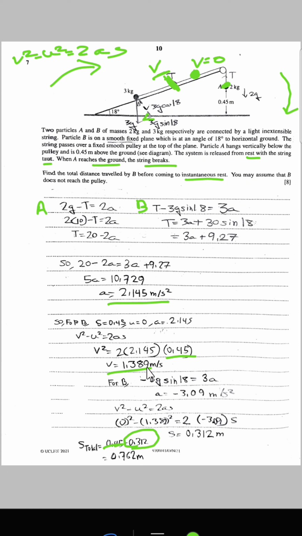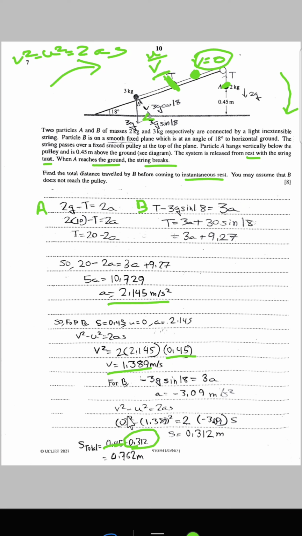As we know the value of v, now we can consider this as u, because this is the velocity after the string breaks, and the final velocity is 0.